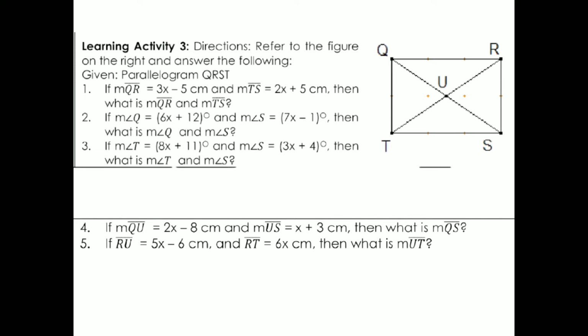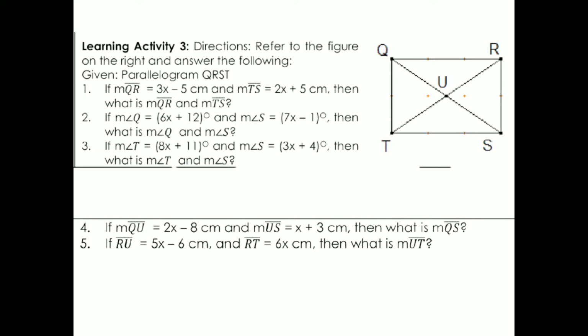Then number 2: angle Q is equal to 6x plus 12 degrees and angle S is equal to 7x minus 1. What are angle Q and angle S? Let us recall the properties again so we can get what the questions ask.